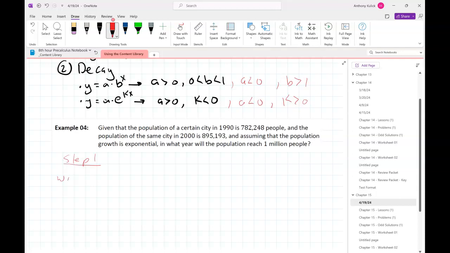For step one, we want to be able to write our y equals a times b to the x equation because I know it's exponential, so I know that it's going to look like that. I'm going to actually change that to f of x. And in step two, we want to solve f of x equals 1 million.